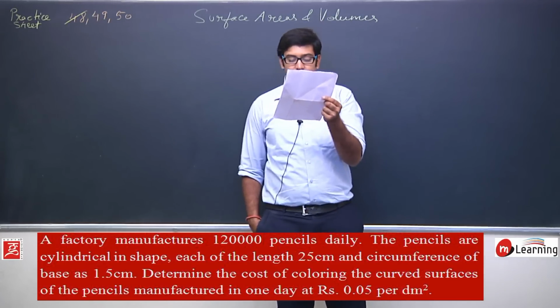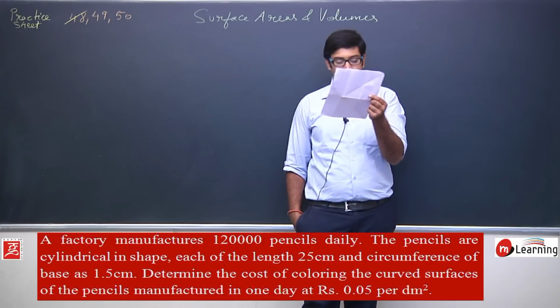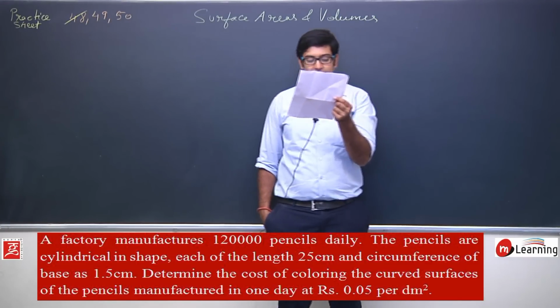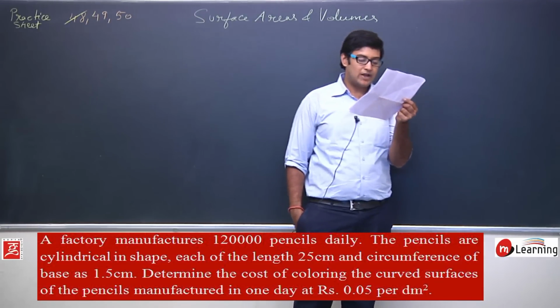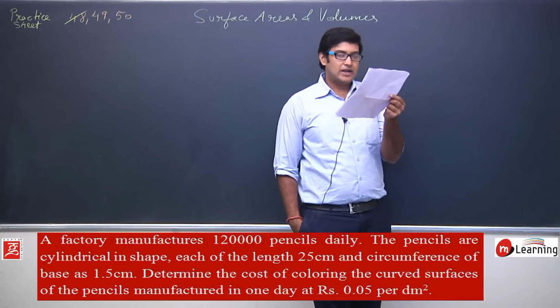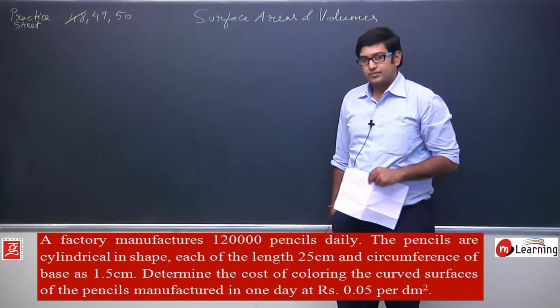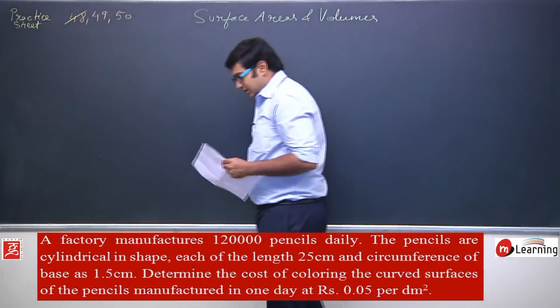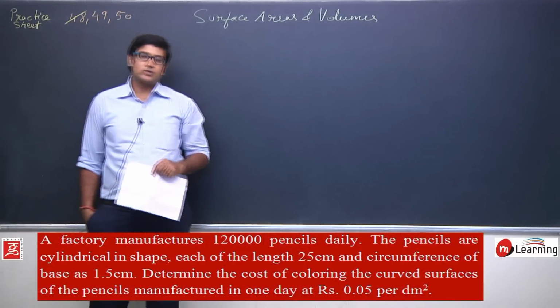Determine the cost of coloring the curved surfaces of the pencils manufactured in one day at rupees 0.05 per decimeter square. So what the question says is, no, it's decimeter square. Okay.